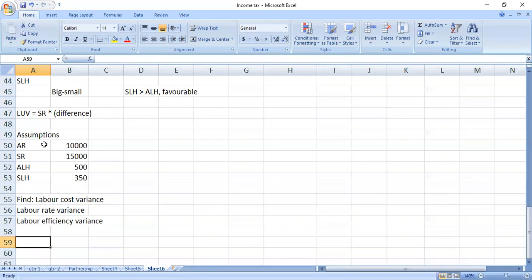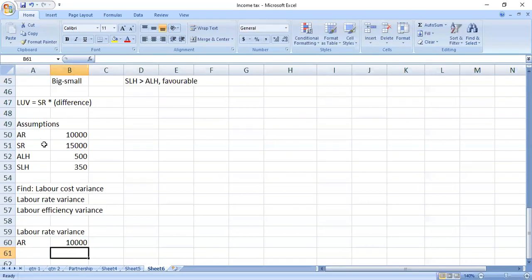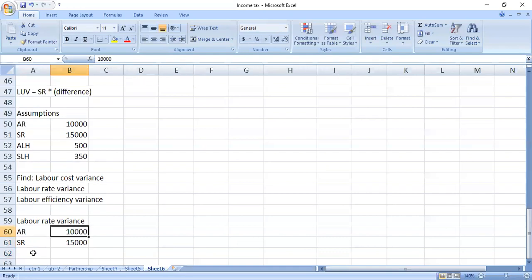So labor rate variance. What you do is you bring your actual rate, in this case it was 10,000, and then standard rate, in this case it was 15,000. We compare which one is bigger, standard rate. So my formula for labor rate variance needs the actual labor hours.